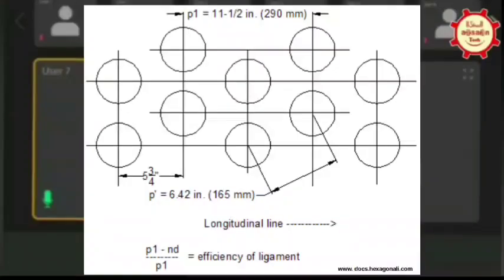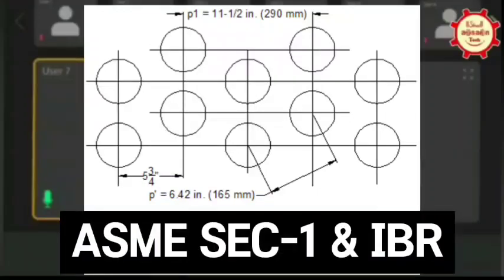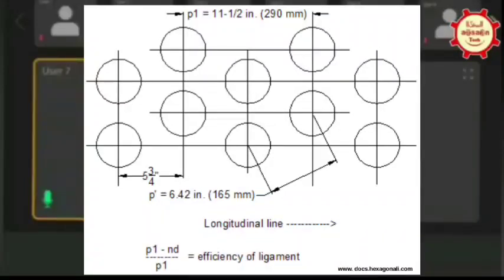So, ligament efficiency, for the knowledge, the basic idea is to calculate the thickness, to know whether your thickness is sufficient or not. The formula is given in ASME Section 1, and also in IBR, on how to calculate the ligament efficiency, as Anshul said. It is different for different sizes of tubes.